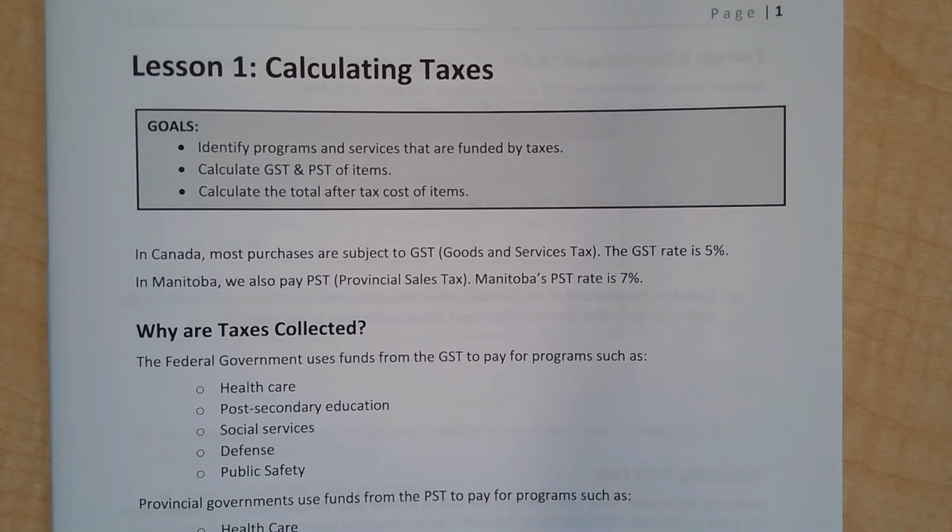Okay, so it sounds like we're in social studies class right now. So the federal government, which encompasses the whole Canada, uses funds from the GST to pay for some programs, right?